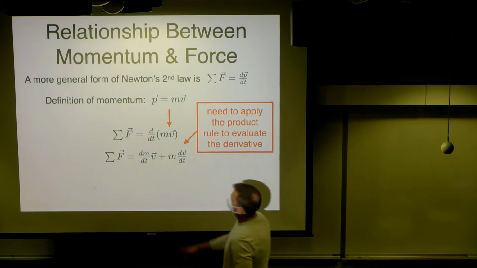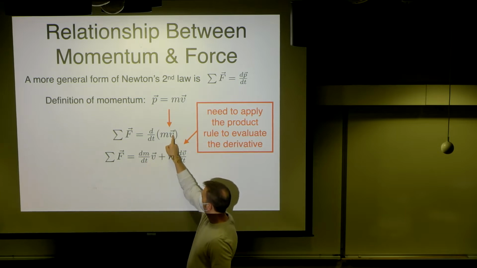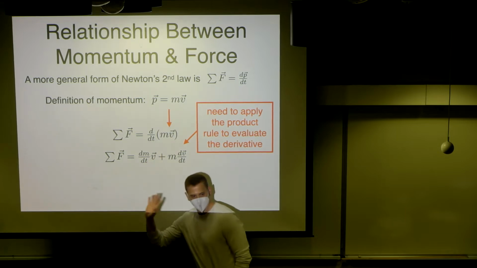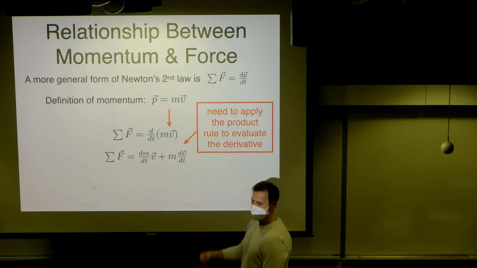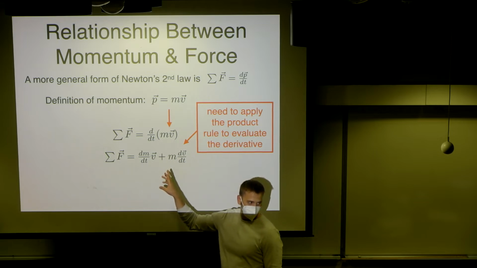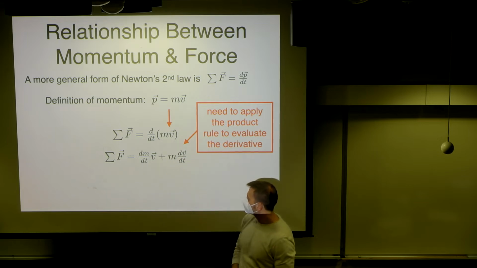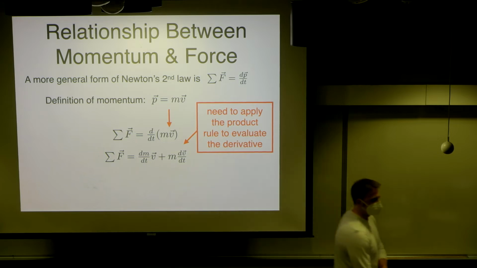You first take the derivative of the first term, which is m, we say dm dt, and then you just multiply the second term, which is v, leave it alone. You don't take a derivative, just v by itself. Then you add to that the first term, left alone, times the derivative of the second term, which gives you dv dt. Okay, so that's how you evaluate this using the product rule. But here's the thing.